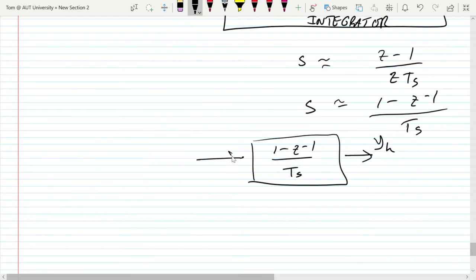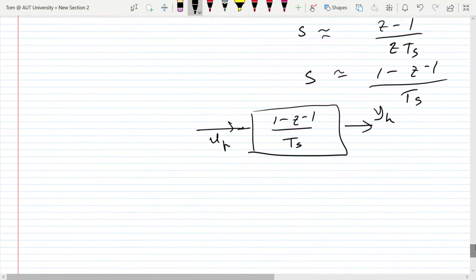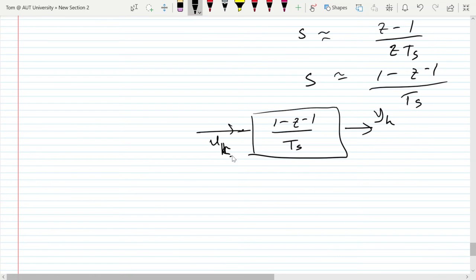And then when you implement the differentiator, actually what's going in is usually the error, of course, but I'm calling it U of k here. If it's a PID controller, it's usually the error that's going into that bit.